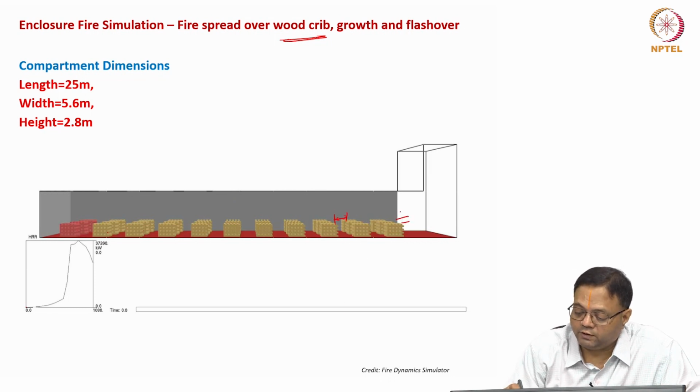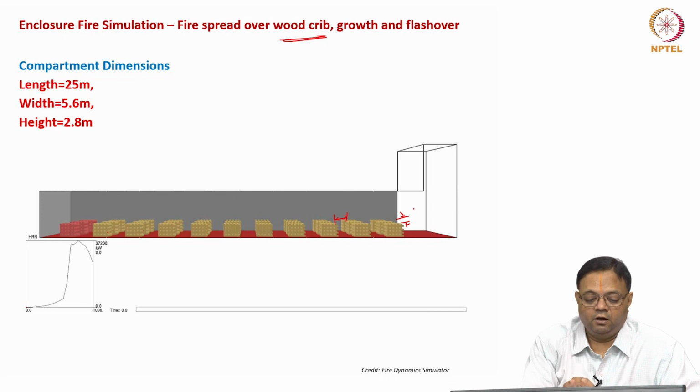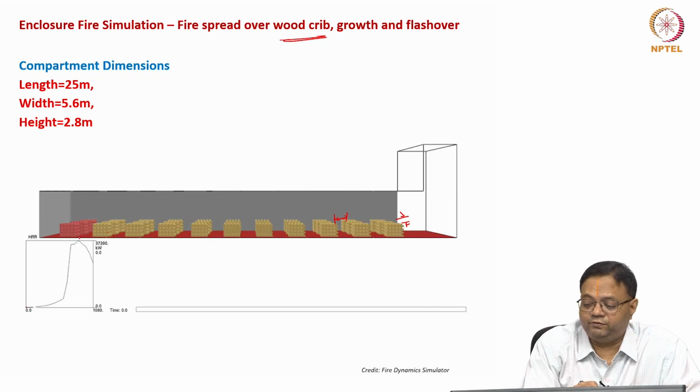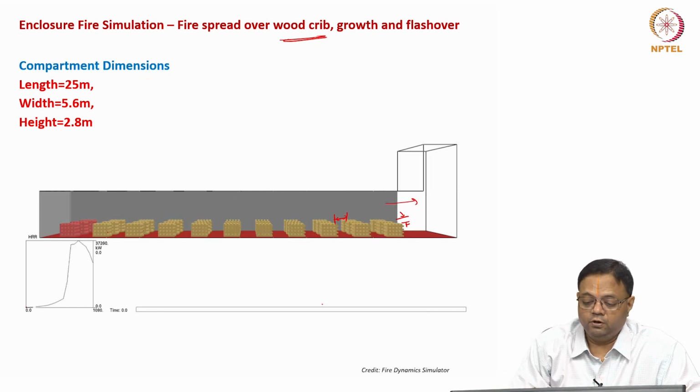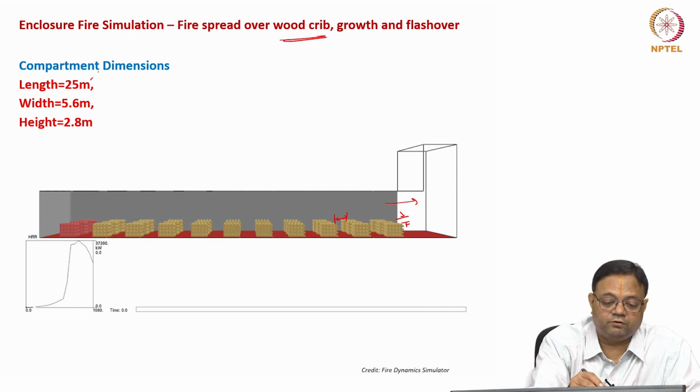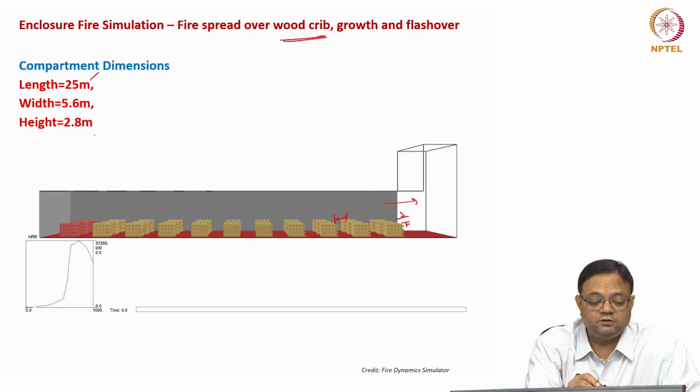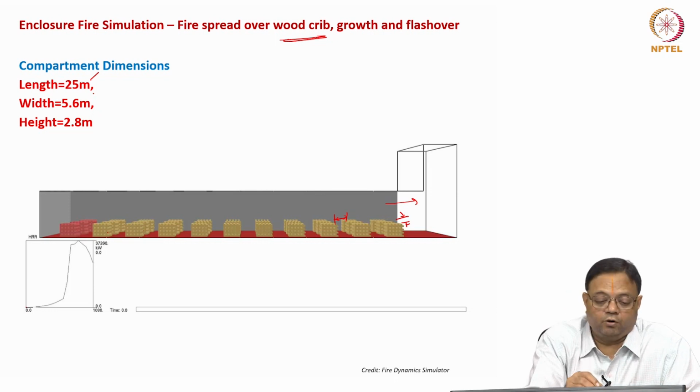Similarly, in this direction also there is a separation distance, and there is only one exit here where the flow can go out. There is some air in the compartment. The length of the compartment is very high, 25 meters, and the width is about 5.6 meters and height is 2.8 meters.